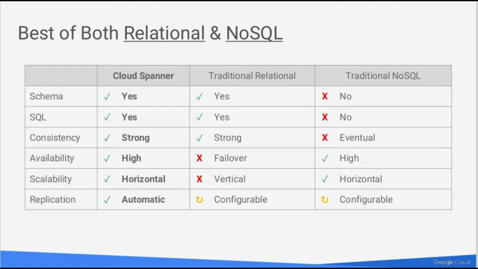If we talk about availability, it is high in Cloud Spanner and in NoSQL, but in an RDBMS it's failover. On scalability, we can scale Cloud Spanner horizontally, while a traditional database scales vertically. NoSQL can also scale horizontally, right?